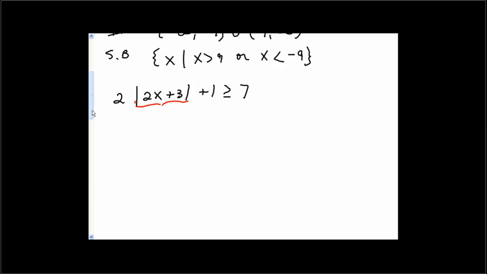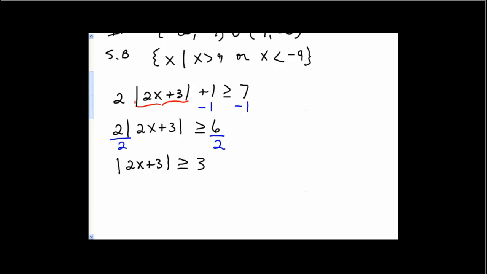So the first step would be to subtract 1, and we'll have 2 times the absolute value of 2x plus 3 is now greater than or equal to 6. Then divide both sides of the inequality by 2. Absolute value of 2x plus 3 is greater than or equal to 3.